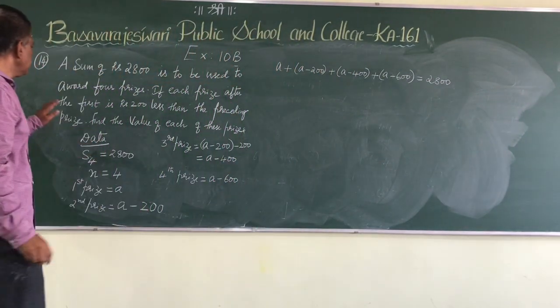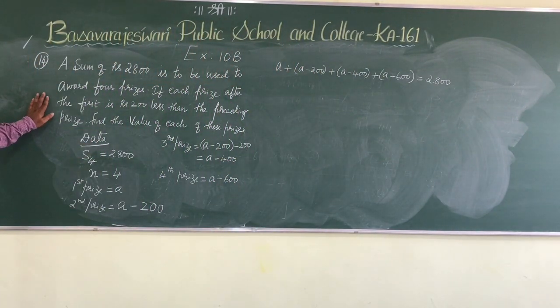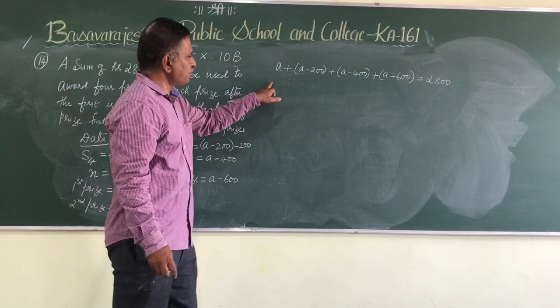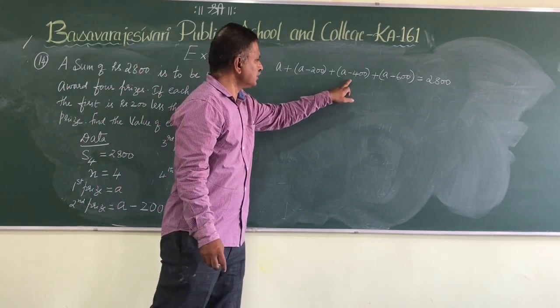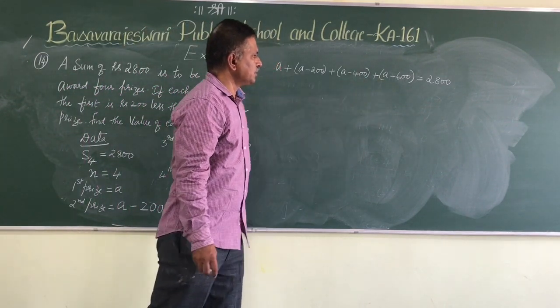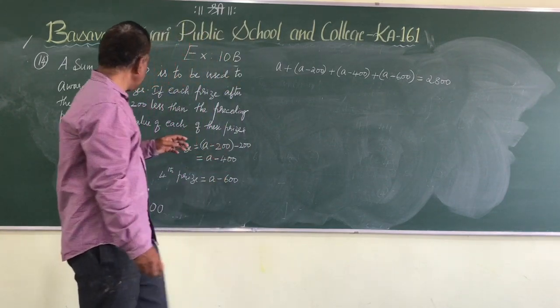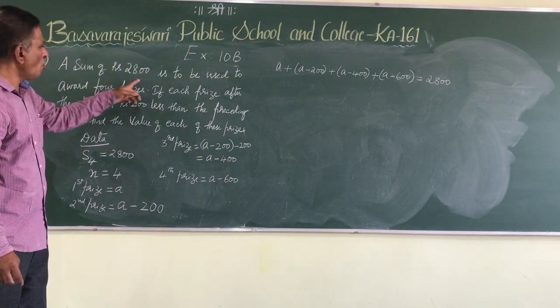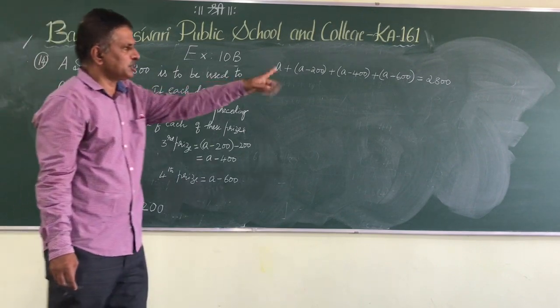This is the textbook method, where the hint has been given. I'll solve it later by using the formula also. Instead of A, we might have taken X. So the first prize is A, second prize is A minus 200, third prize is A minus 400, fourth prize is A minus 600.